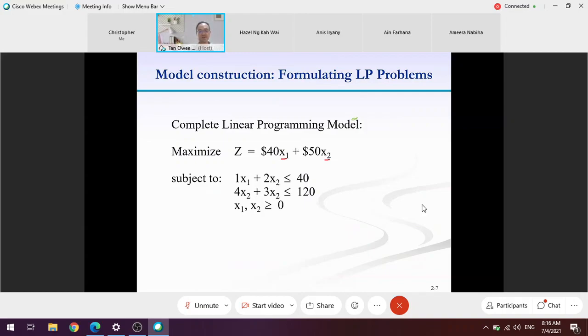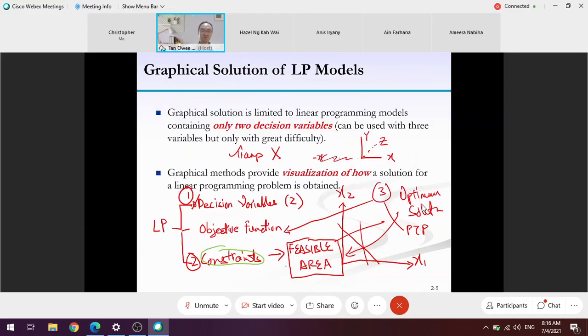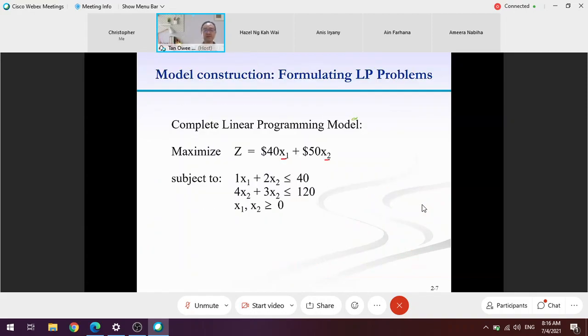Okay. As I told you earlier, there's one term that I want to introduce to you before we start talking about how to apply the graphical method to resolve linear programming: what is feasible area, or what is a feasible solution first? We look into the constraint. Example, the constraint. I can replace x1 and x2 with any number, right?